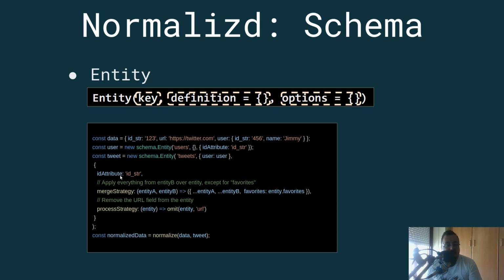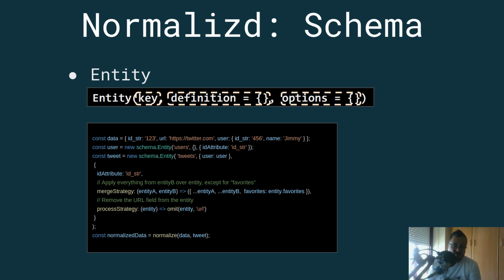We have the ID attribute because tweets also have the ID string, as we have seen here, and we want to decide how we want to do the merge strategy. If we receive two entities, we just want to create an object with everything from both entities, and also things that are the favorites from the entity.